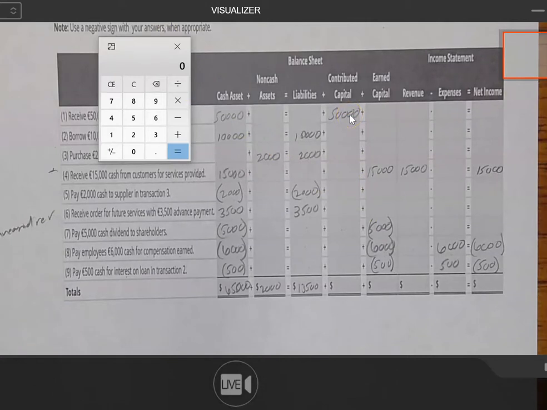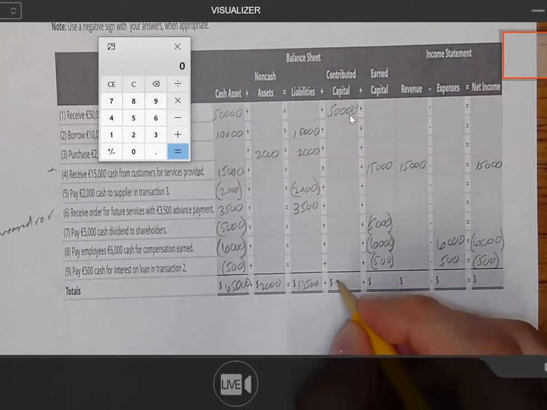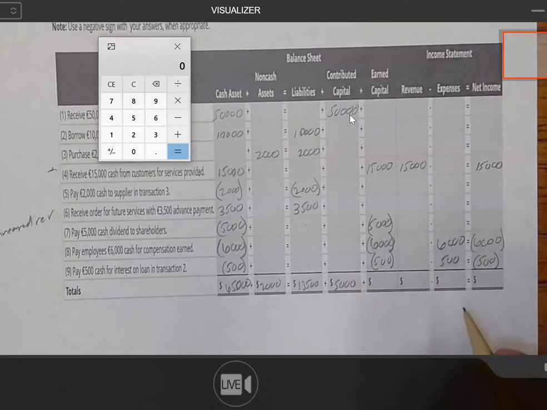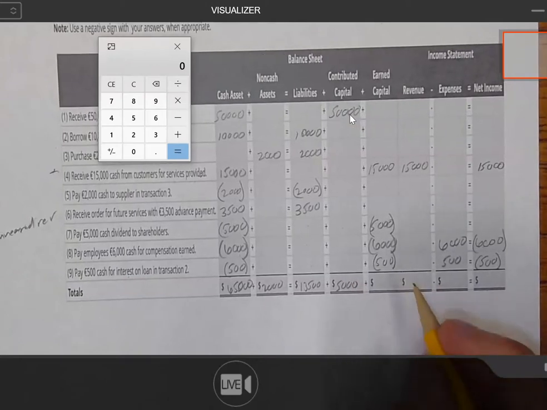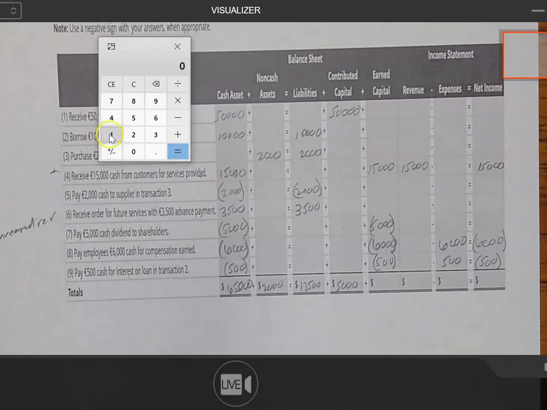Contributed capital, we just had the one transaction of 50,000. And then the earned capital, let's see here, 15,000 right here, minus 5 and 6, minus 5,000, minus 6,000, minus 500 equals 3,500.